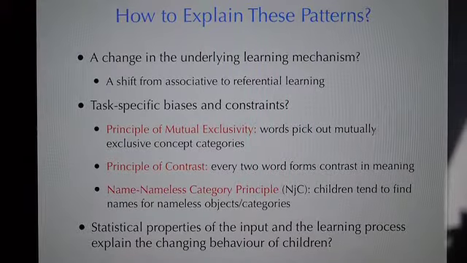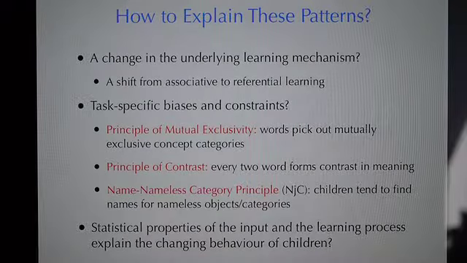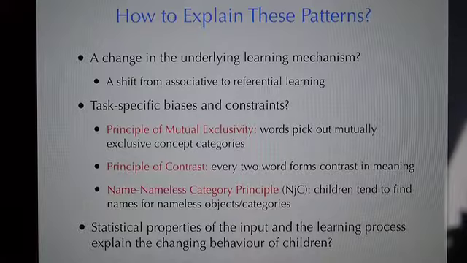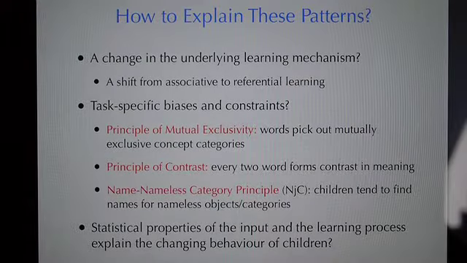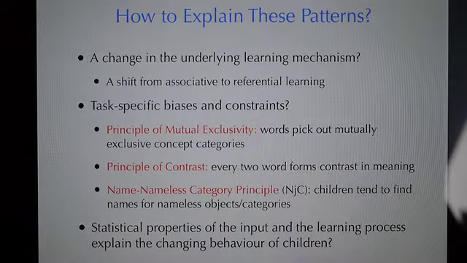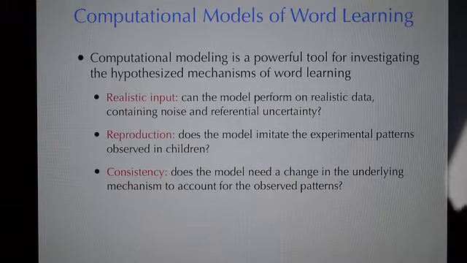Another proposal has been that maybe it is the statistical properties of the input and the learning process together that lead to such change of behavior. So it's not really about a change in the learning mechanism, but following the statistical properties of the input. So these suggestions have to be tested and they have to be mapped and matched against the data that children have access to and the patterns that this data and the learning mechanism lead to.